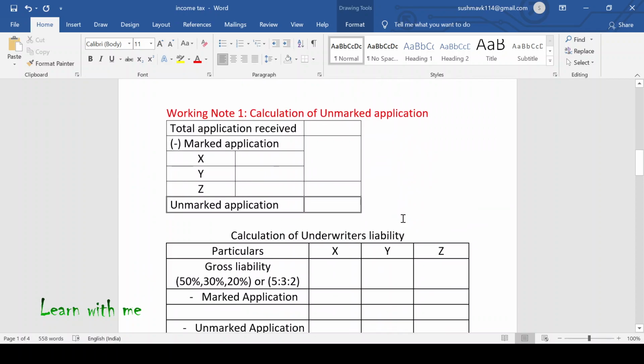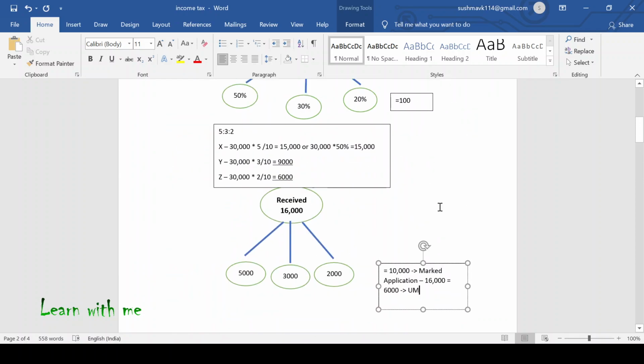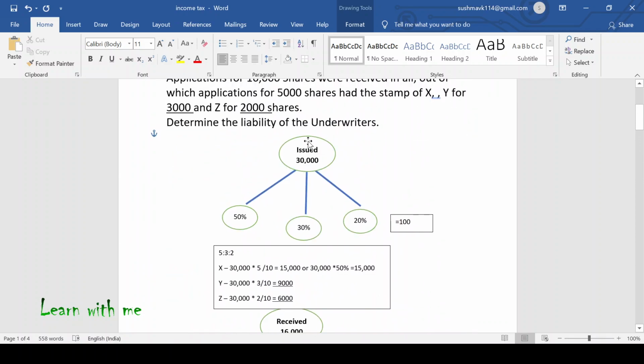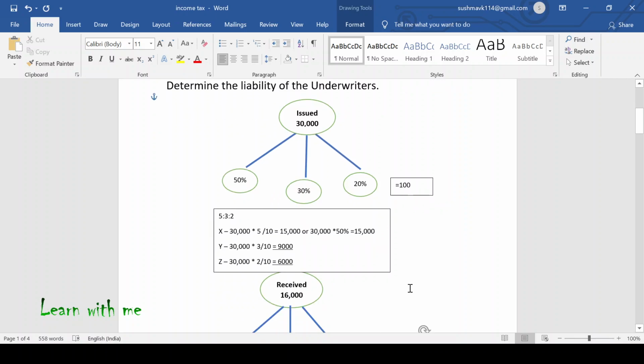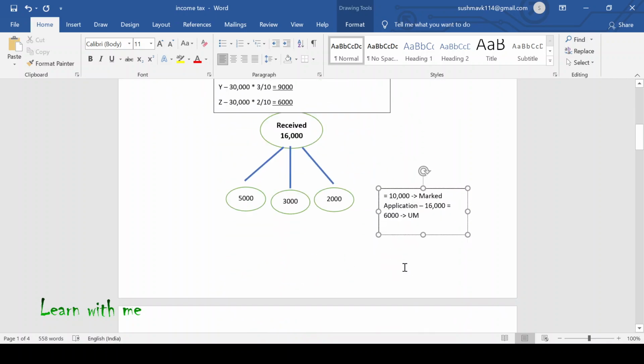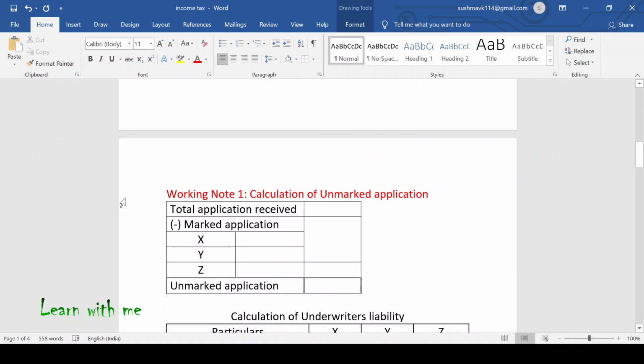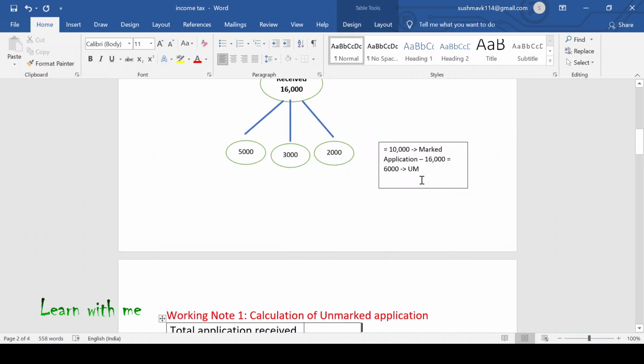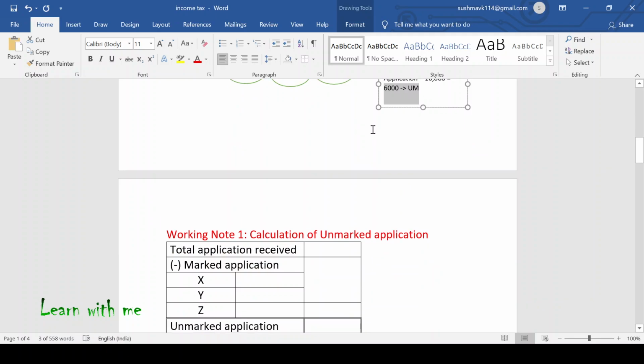Okay. Now let us solve the problem. As we have discussed and analyzed the problem, now it's time to solve it. The first step is to do the working note, which means you have to calculate the unmarked application. We already calculated it, but that was just for analyzing purposes.